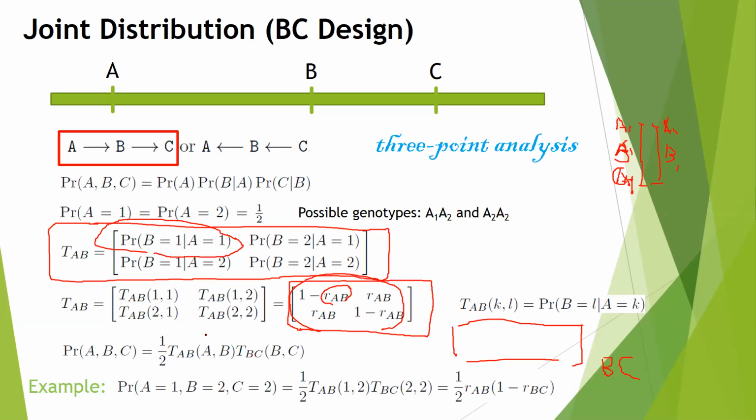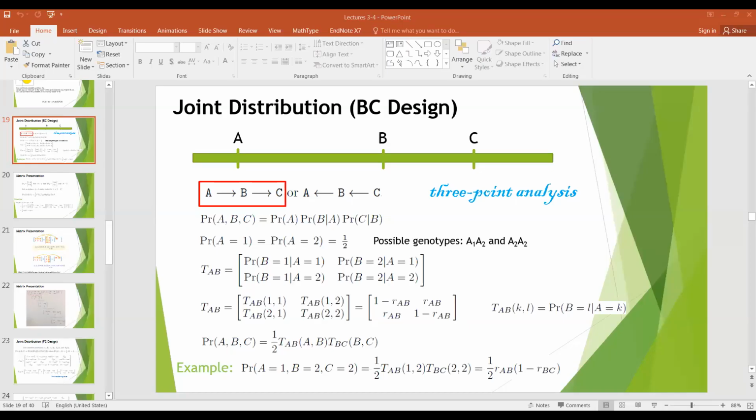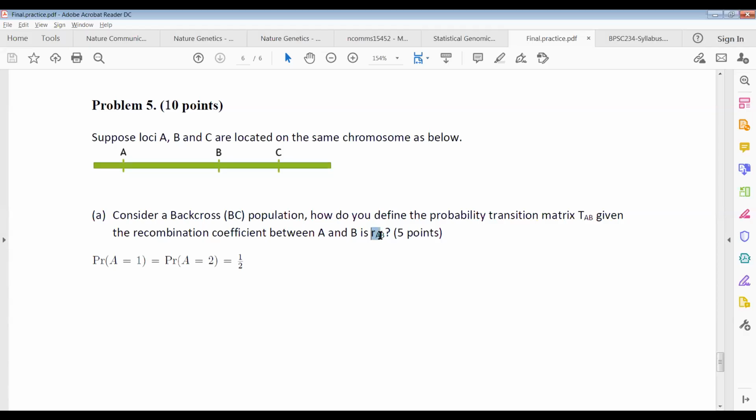I think you can get partial credit, because I have specified the recombination frequency between A and B is R_AB. So you have to use this to express the entries in the matrix.